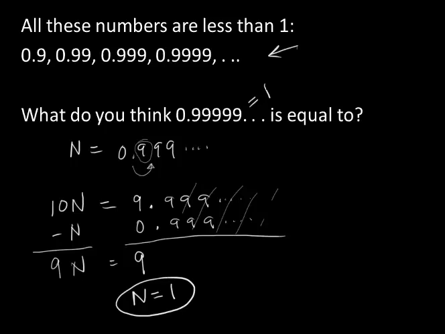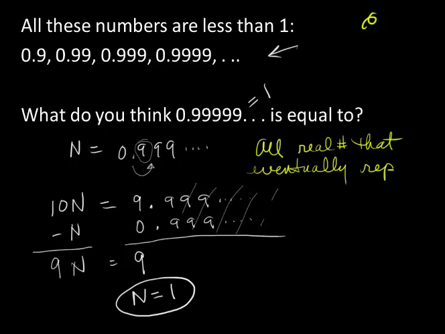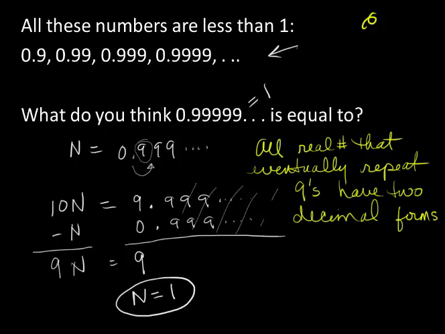And these are the only kinds of numbers that have different ways of representing them as a decimal number. Let me write that in the margins here. All real numbers that eventually repeat nines have two decimal forms, two ways of writing them.